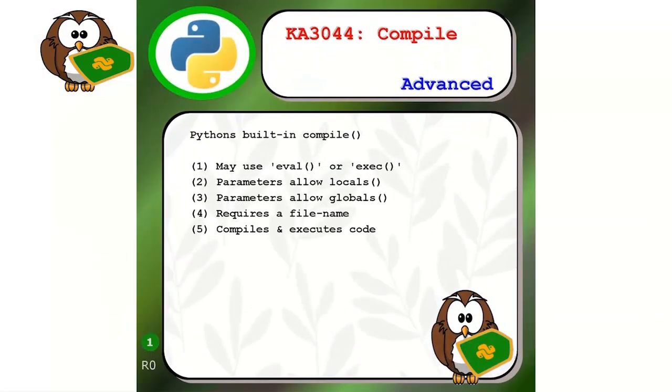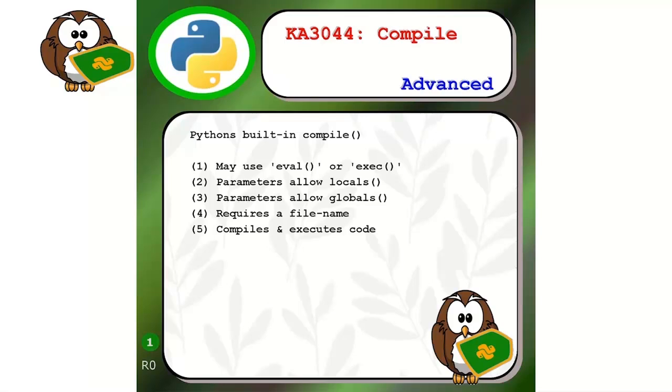And our review questions could include our new advanced questions, which includes KA 3044 on compiling, of course, where we'll be able to pick out the answer if asked if compile's built-in compile operation may either 1, use eval or exec, 2, parameters allow locals, 3, parameters allow globals, 4, requires a file name, or 5, compiles and executes code.